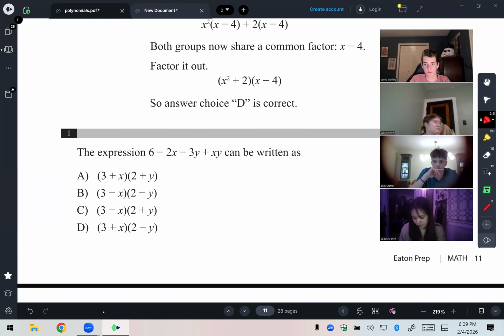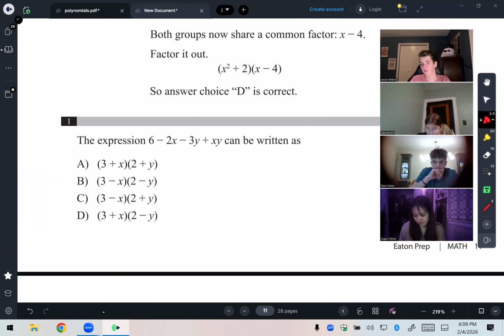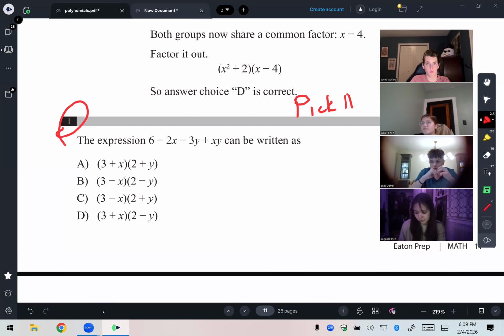Okay, now let's try this one. I'm going to do this two ways. First, I'm just going to pick a number, because remember, this is a strategy you can use on the SAT because they don't need you to show your work. So we'll just say x is 2, y is 3. I'll do the math way too.